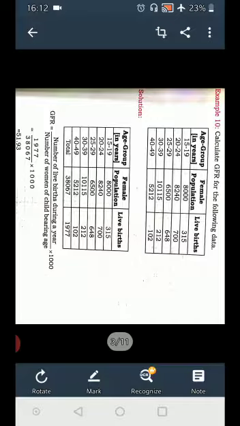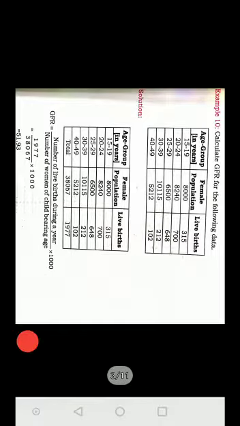So the number of live births during a year is what? 315 plus 700 plus 648 plus 212 plus 102. That sums up to 1977.